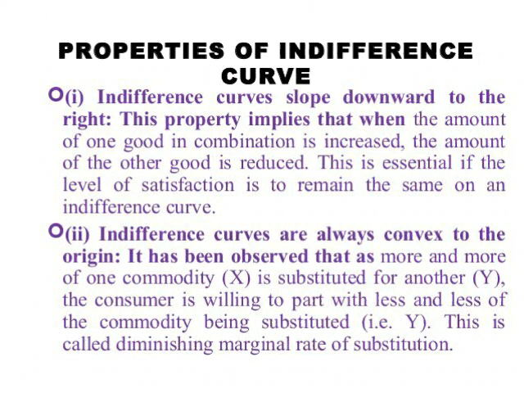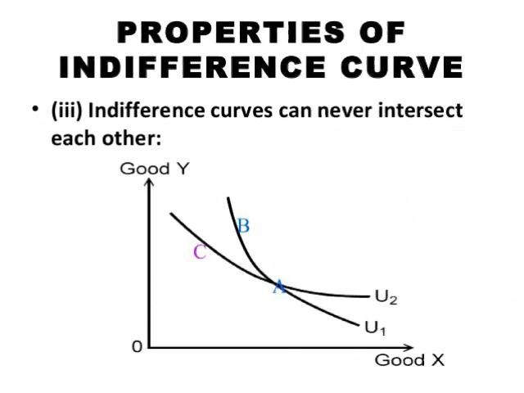Properties: indifference curves slope downwards to the right. This property implies that when the amount of one good in the combination is increased, the amount of the other commodity is reduced. The indifference curve is always convex to the origin because of diminishing marginal rate of substitution.